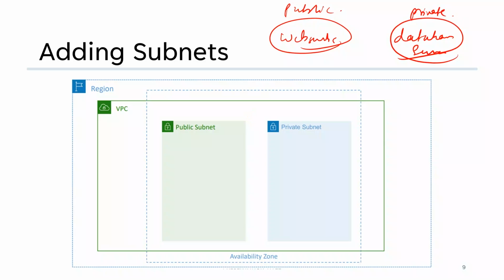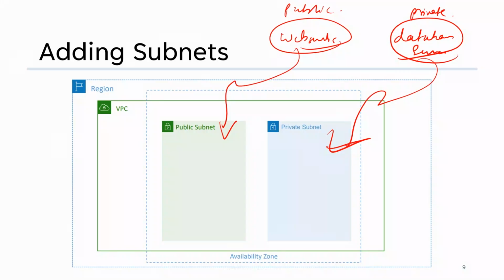To differentiate this, you want to assign public IP addresses to your web servers, and only private IP addresses to your database servers. To do that, you can create a public subnet and a private subnet. It doesn't mean that every time you have to create one public subnet and one private subnet. You can have any number of subnets. It's up to you. But this is how it is very useful, right? You're going to keep all of your web servers in a public subnet, and all your database servers in a private subnet. That's what subnets actually mean.